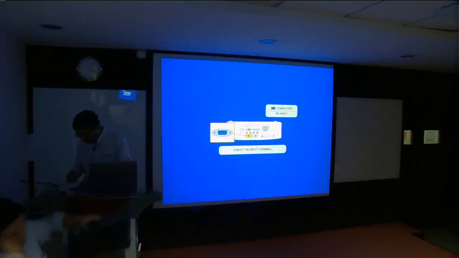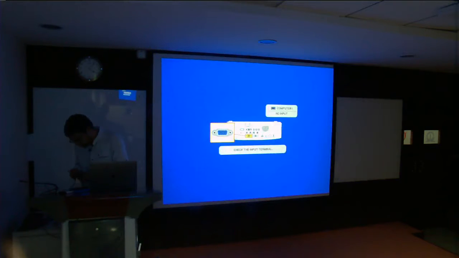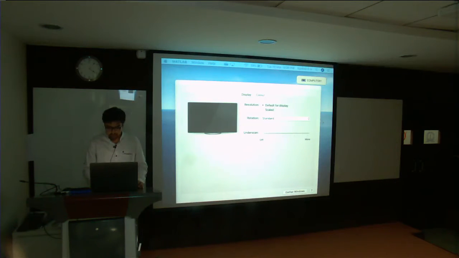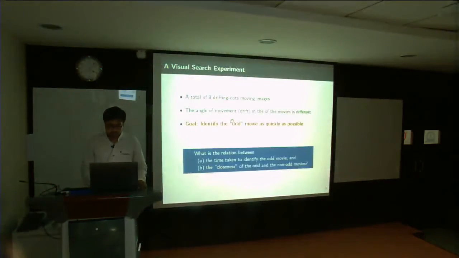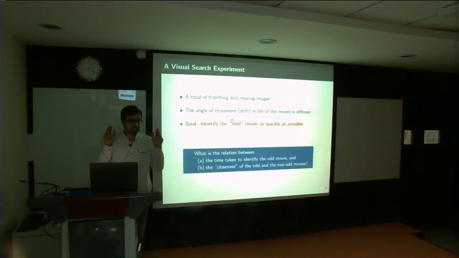So can I remove this? Okay, there is a certain relation between the time that you take to identify the odd movie and the closeness between the two images, the non-odd and the odd movies.